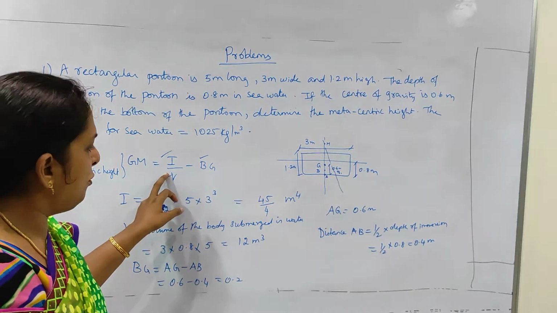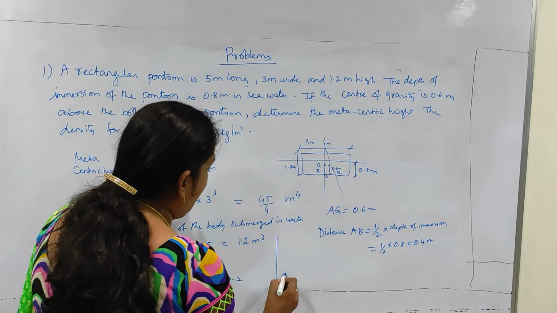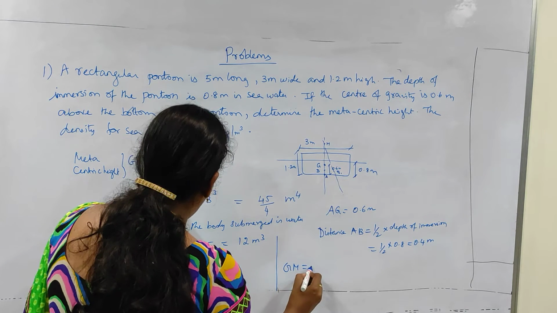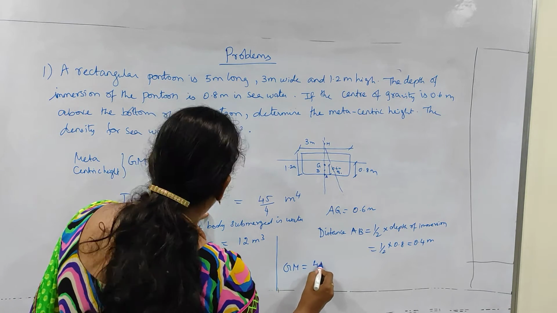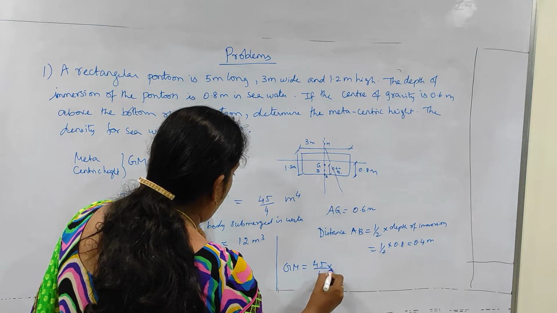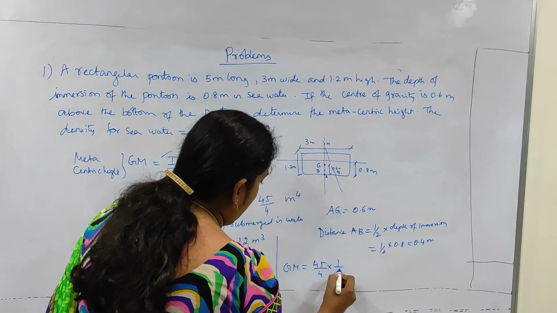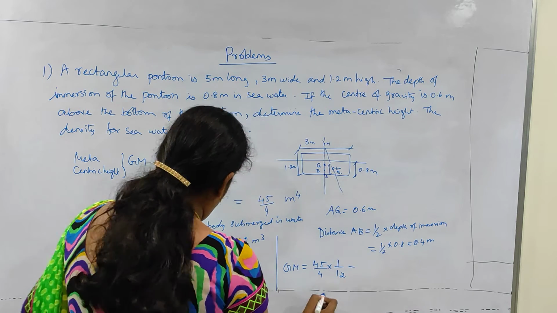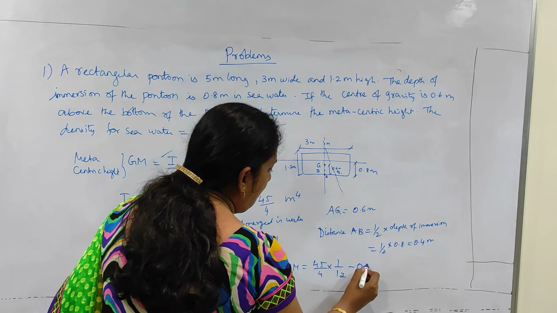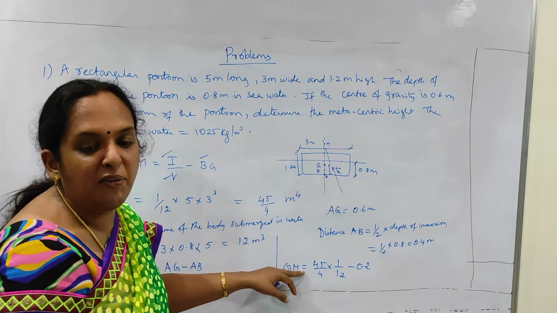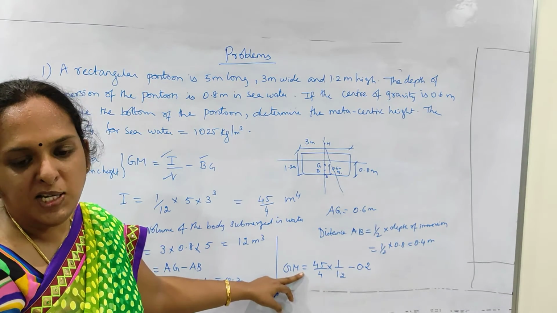So now we know I, V and BG, and I can substitute in this equation. GM is equal to I by V minus BG. I is 45 by 4, V is 12, so 1 by 12, minus BG which is 0.2. So 45 by 4 into 1 by 12 minus 0.2.